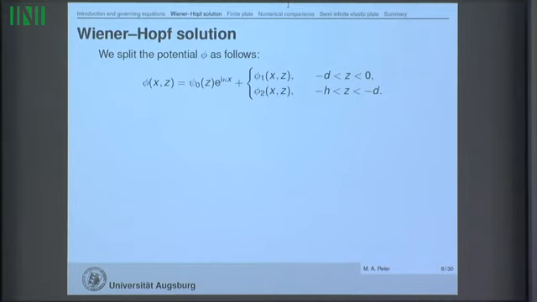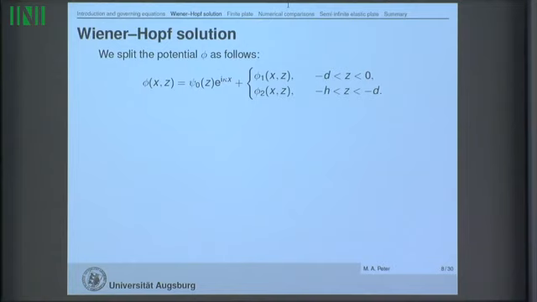And so how do we do that? We want to use the Wiener-Hopf technique. And the trick, of course, is we've seen this many times. Now I think we're coming to territory which is very familiar. So we split this thing up into phi 1, phi 2, above and below the plate.